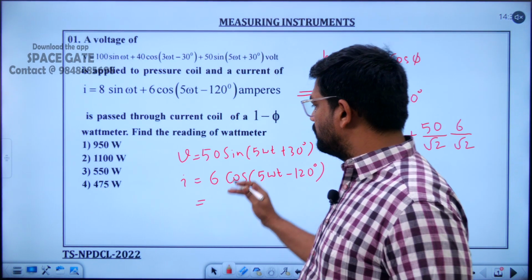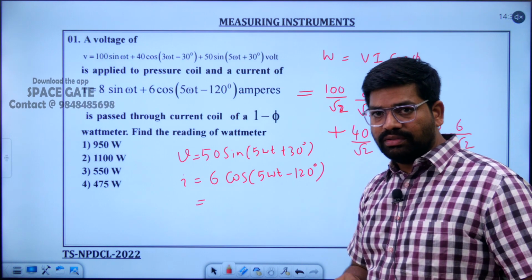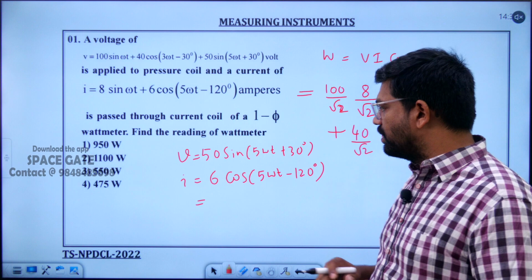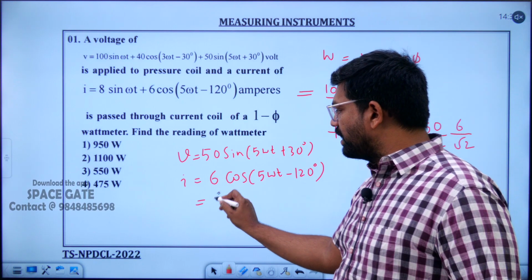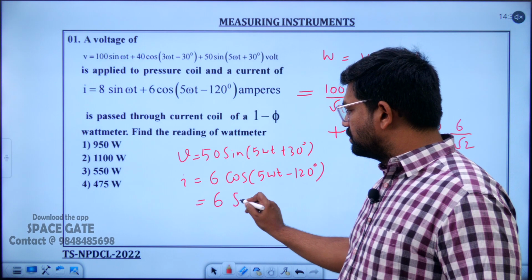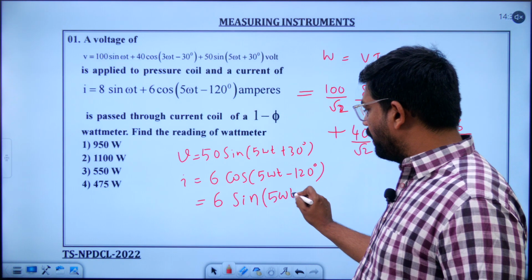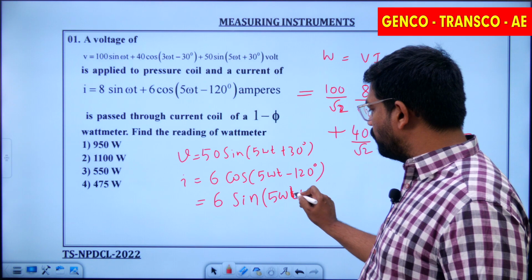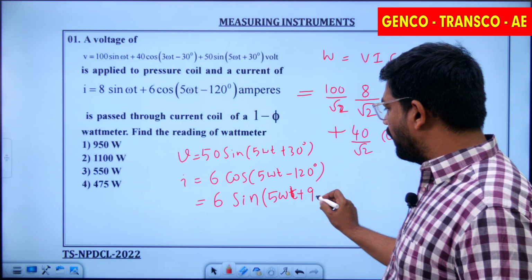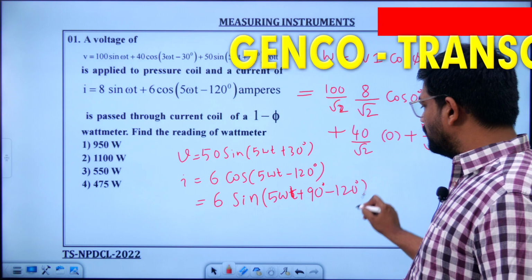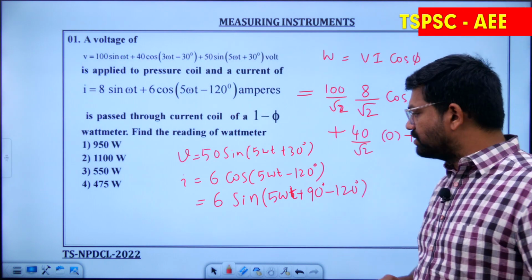When I convert either of these, you have to convert into the same form so that you can compare the phase displacement here. Suppose I express the current in the form of sine, I should add 90 degrees: sin of 5 omega t plus 90 minus 120, because between sine and cosine there is a 90 degree shift.